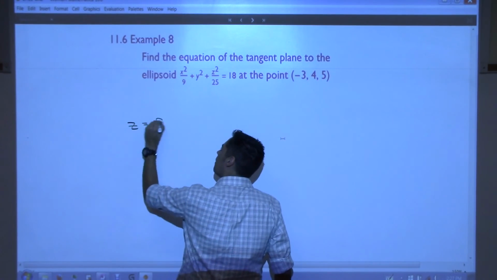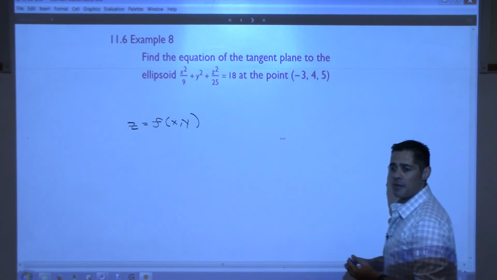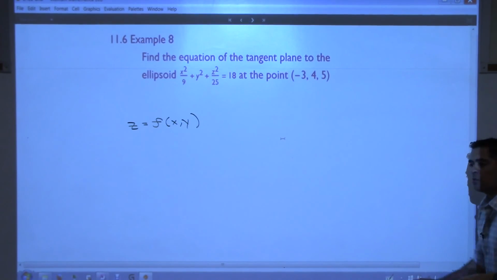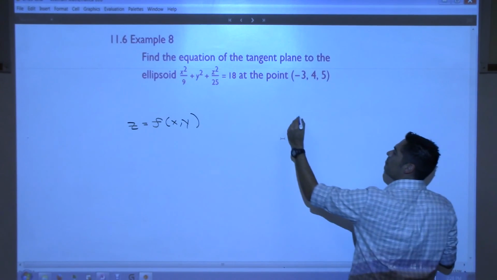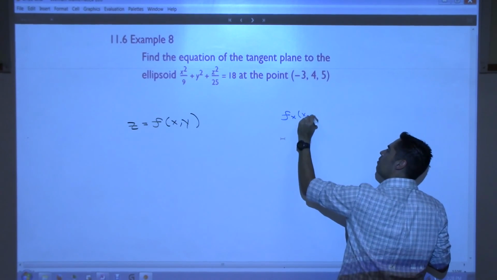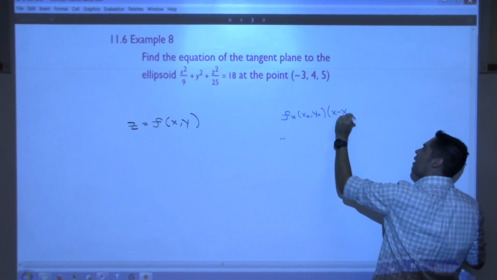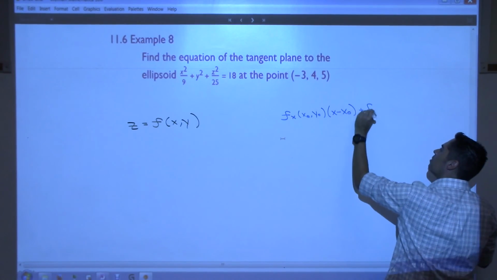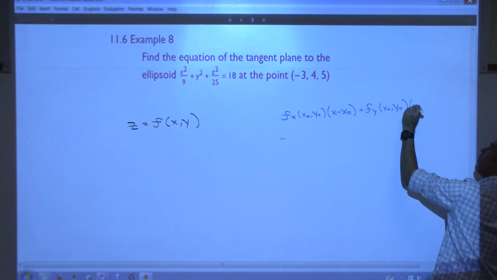We said that if z was a function of x and y, the formula for the equation of the tangent plane was the partial of f with respect to x at x naught, y naught, times x minus x naught, plus the partial of f with respect to y at x naught, y naught, times y minus y naught.